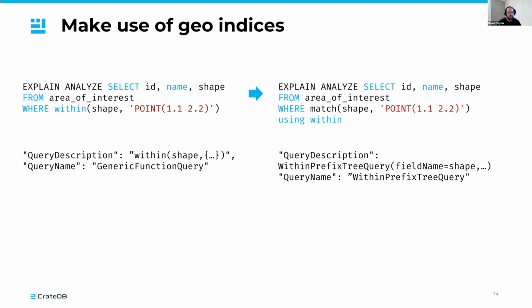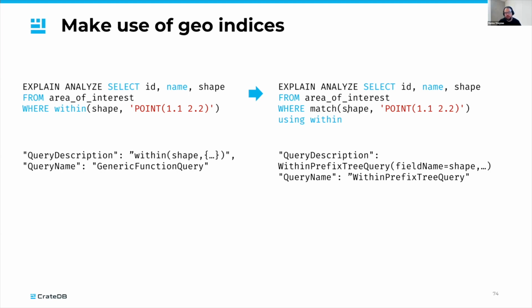You can see that instead of some Lucene query, you always get in such cases a generic function query, which means in order to execute that, it will need to read all the data from the columns involved, of course, from the table in question, and then apply the built-in function on that in order to filter out and proceed to execute the rest of the operations for the query.